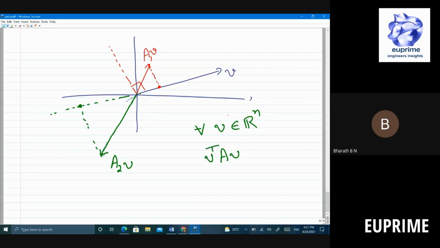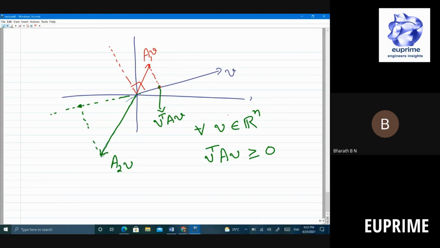V transpose AV, or AV whole transpose V. Both are the same. Is that clear? Now this is positive. What does that mean? You take any vector, operate A and take the dot product, and it will always remain positive.